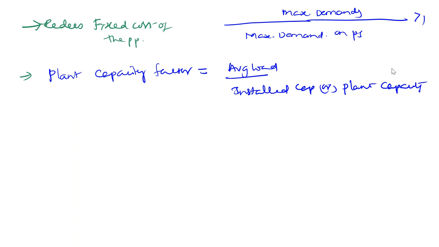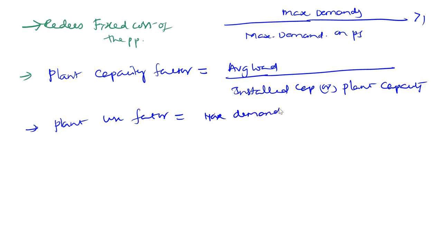It's an important formula here. And similarly, the plant use factor is the maximum demand divided by installed capacity here.